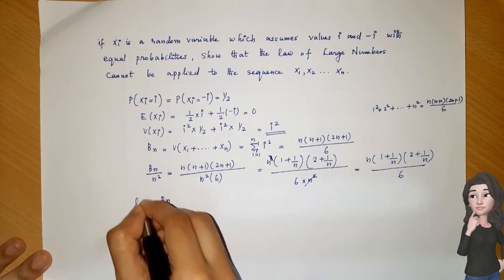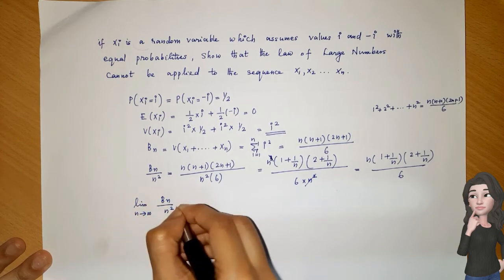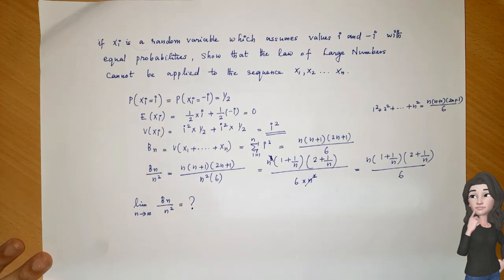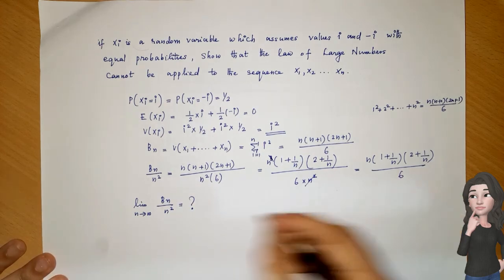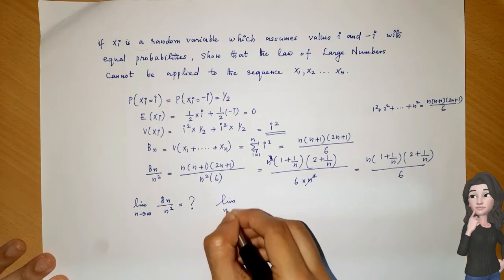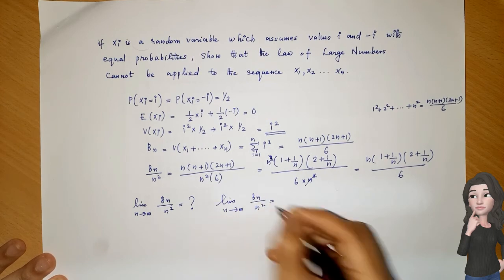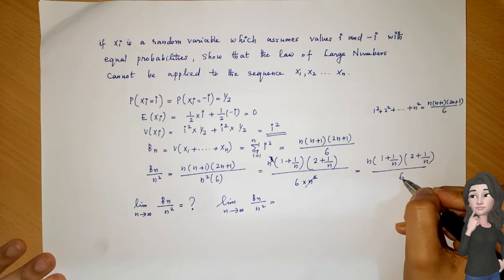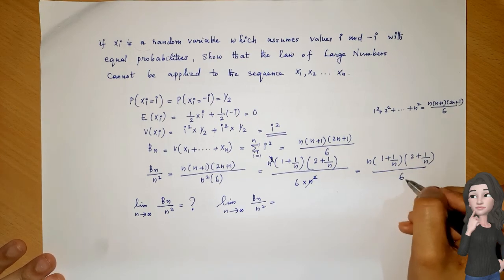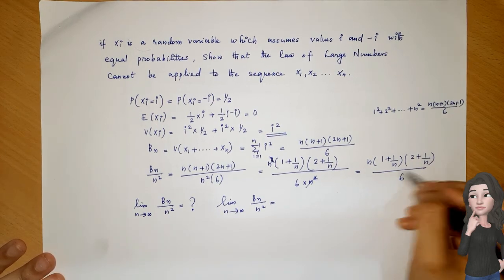Now what we are required to check is limit n tends to infinity, Bn by n square is equal to what? In the denominator, as n tends to infinity, there is no n term.